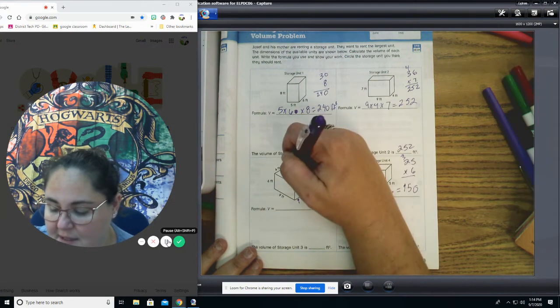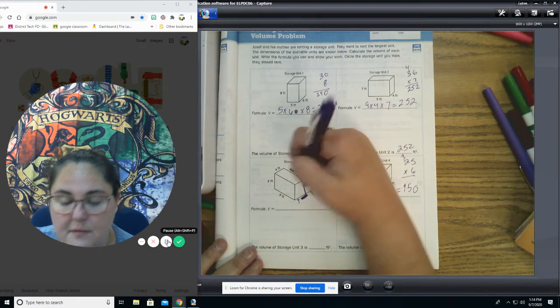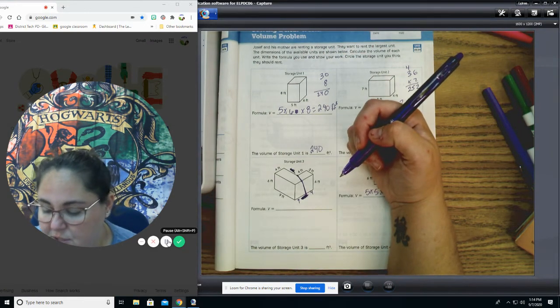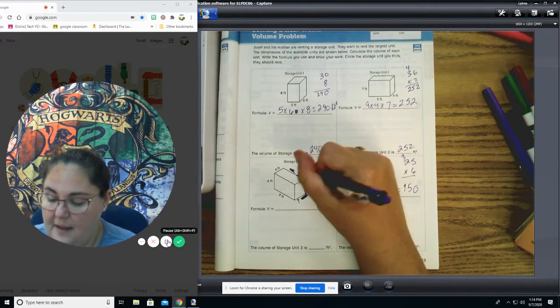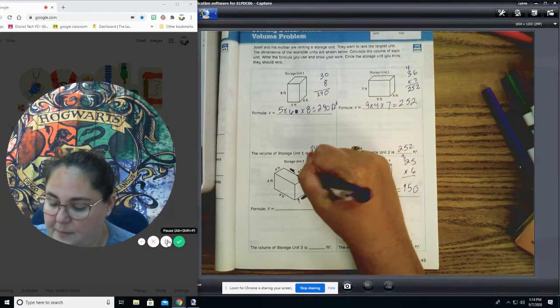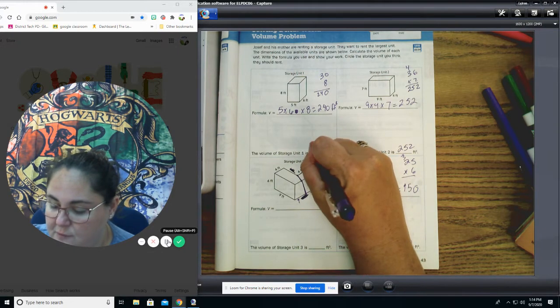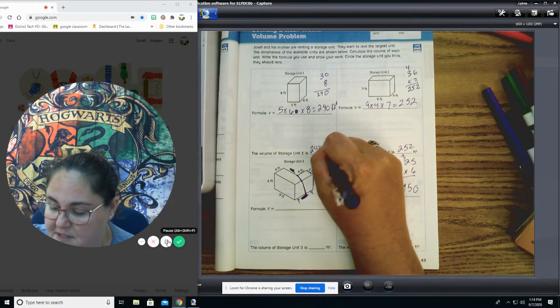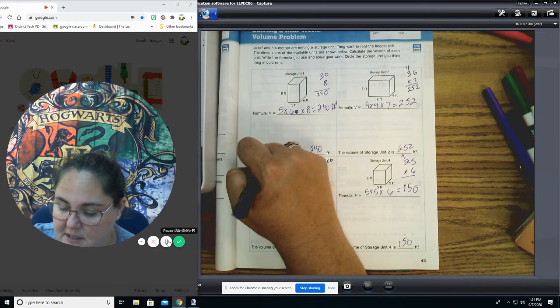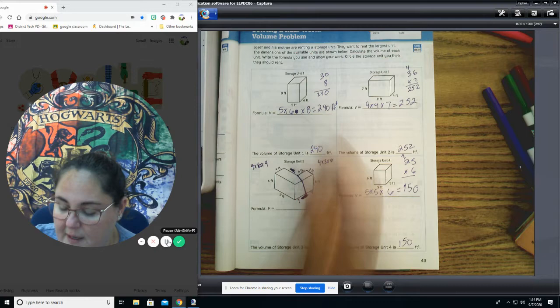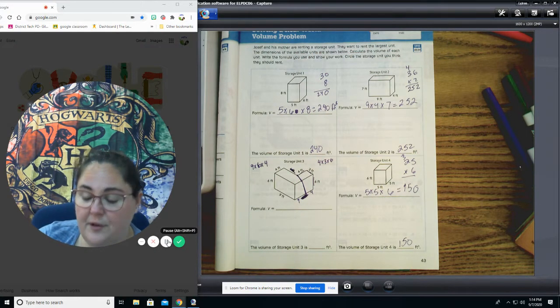It also means I don't need this measurement because I made it longer. So now I should know the measurements that I need: 4 feet by 3 feet by 6 feet. So 4 times 3 times 6. This one should be 9 times 6 times 4. Those are my two volumes.